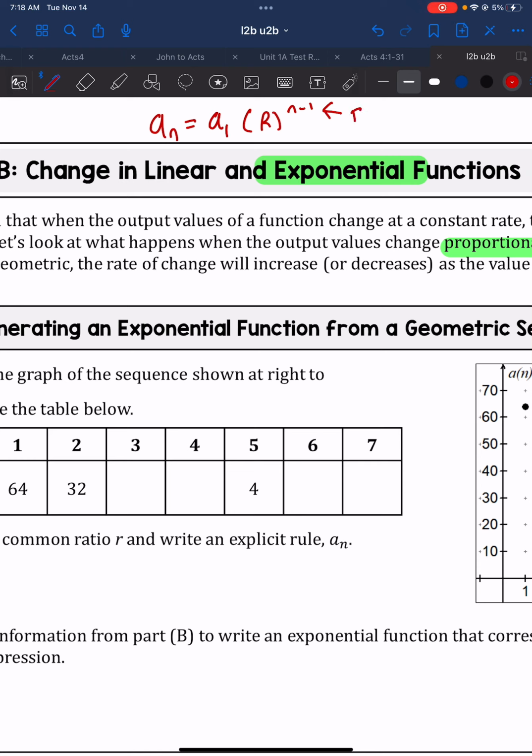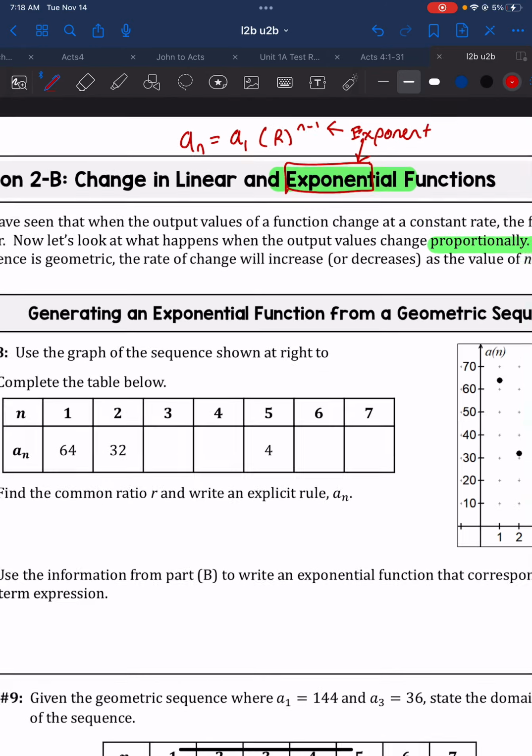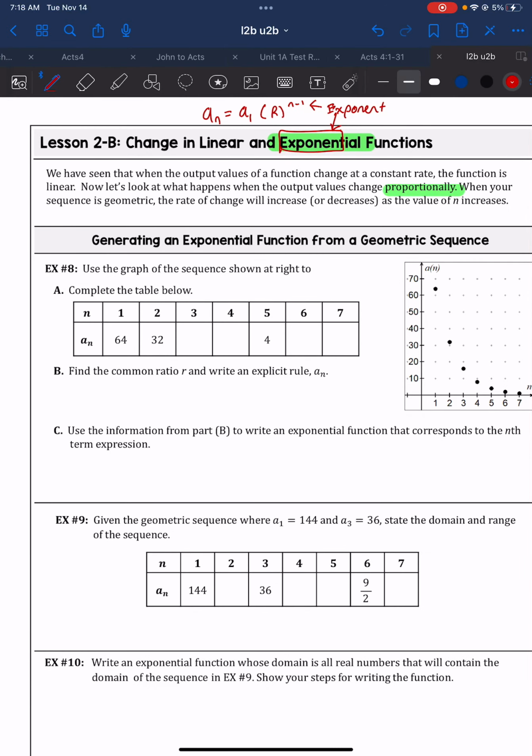And remember, this is called an exponent. So the way that I remember this is that exponent is in the word exponential. So geometric goes with exponential. And then let's look at how we can go piece by piece and do what it wants us to do.